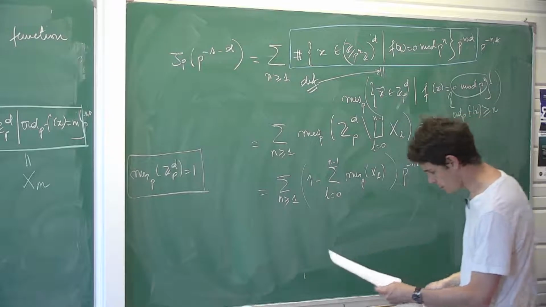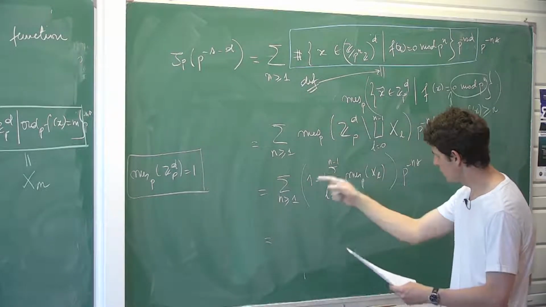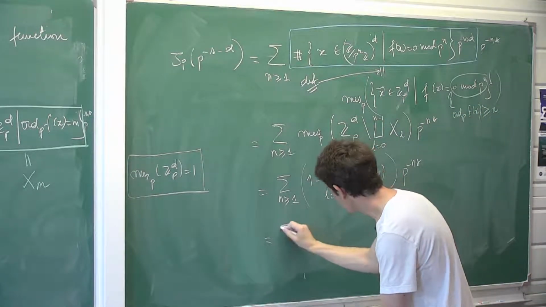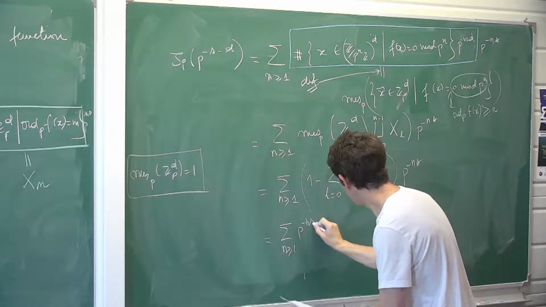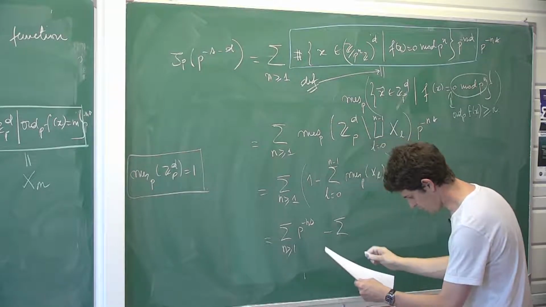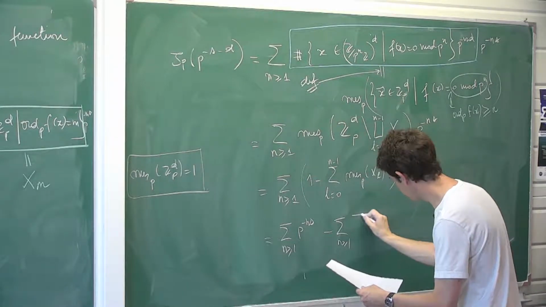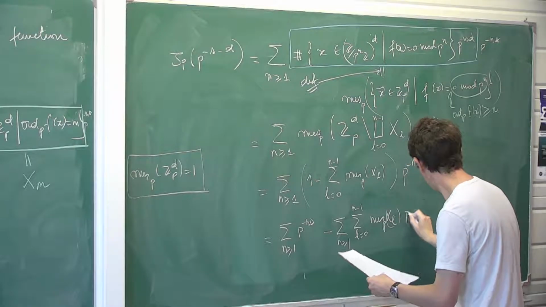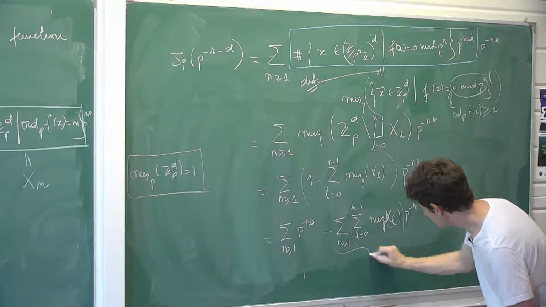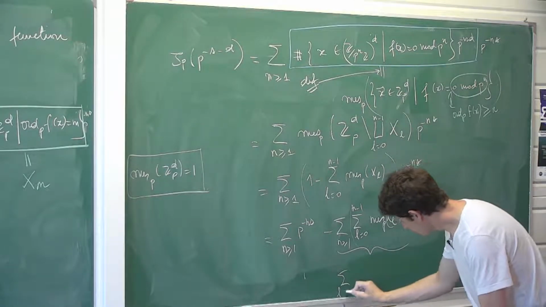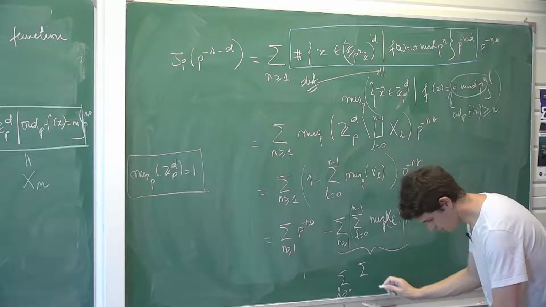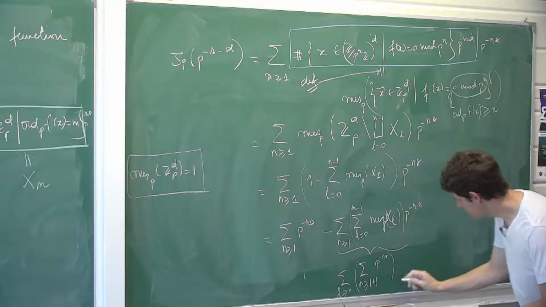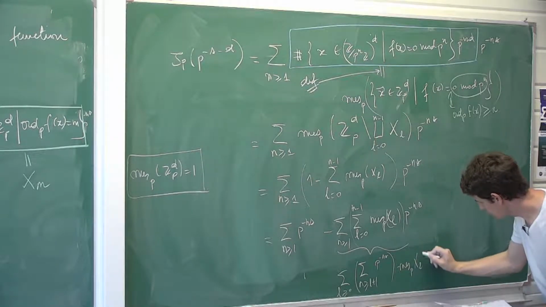And then you can change the order of the sums, and you will have this minus the sum for l positive of the sum for n larger than l plus 1, p^(-ns), p-adic measure of X_l.